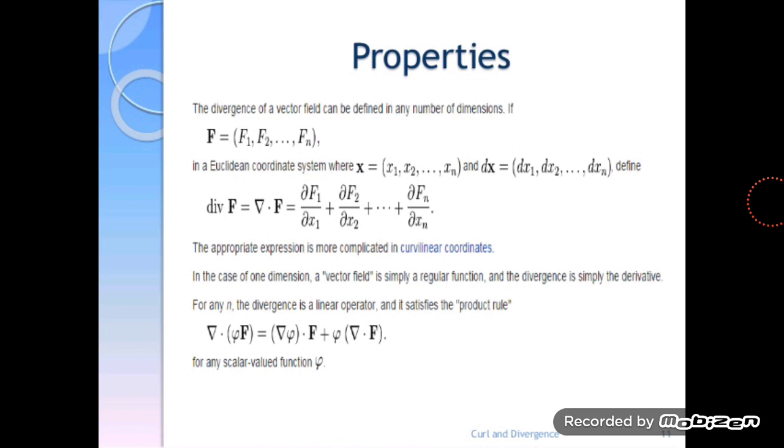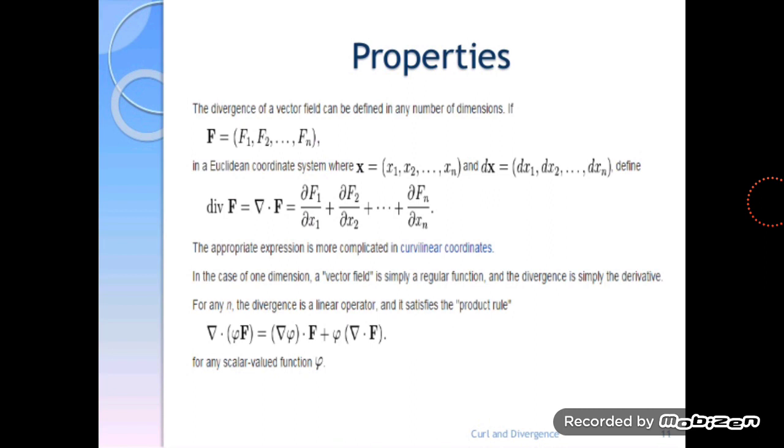If f equals f1, f2, f3 up to fn, in a coordinate system where x is equal to x1, x2, x3 up to xn and dx is equal to dx1, dx2 up to dxn, we define divergence of f as del by del x1 of f1 plus del by del x2 of f2 up to the last term.